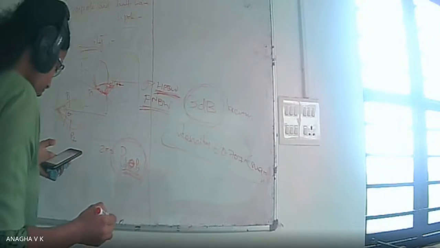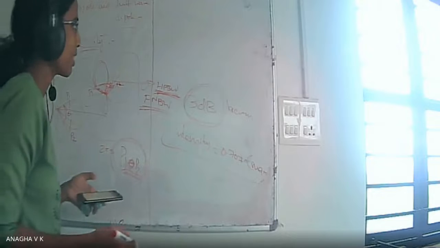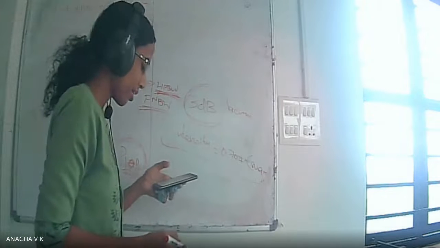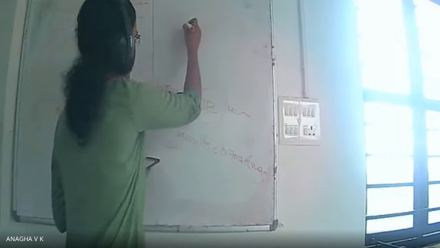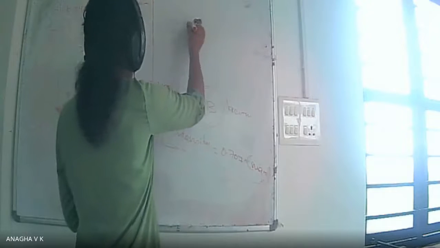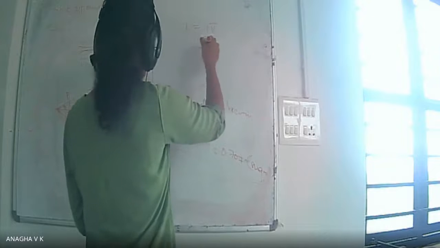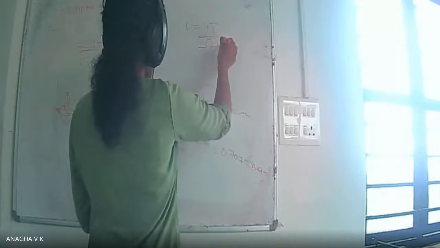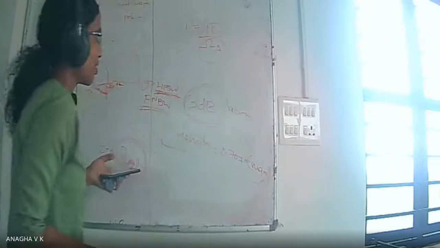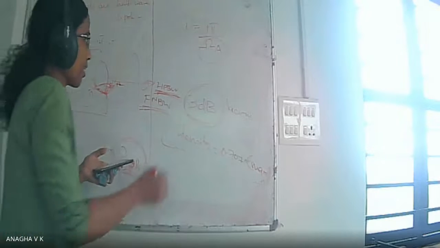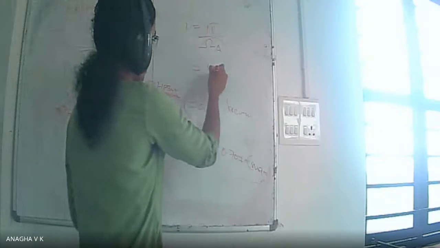Another equation we studied yesterday is another equation of the directivity: D equals 4 pi by omega A, where omega A is the solid angle. This equation we also studied yesterday.